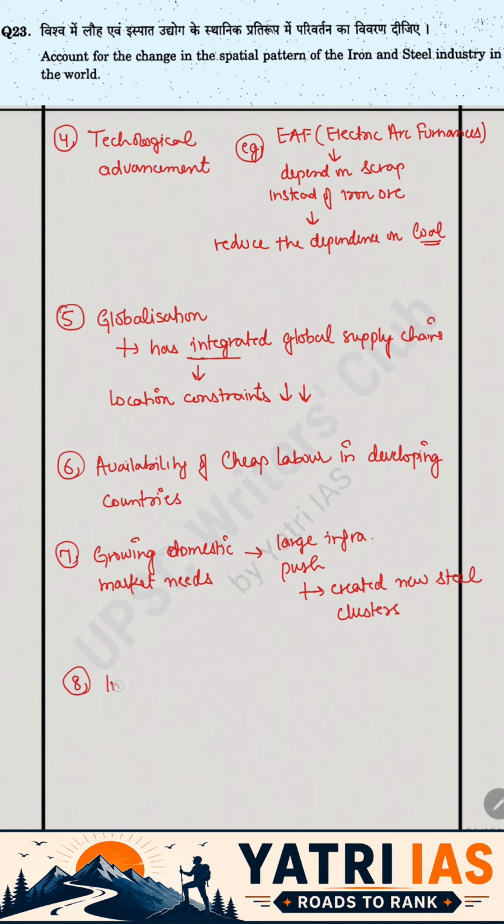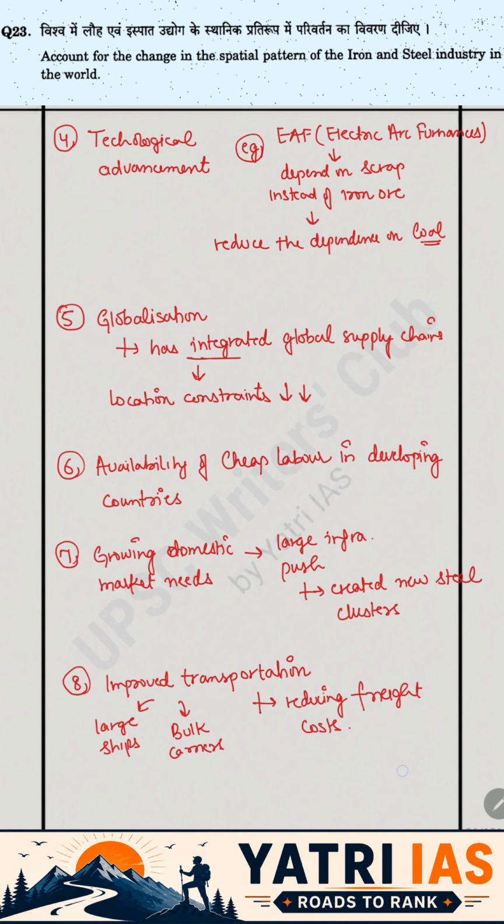Then you would mention improved transportation technologies, like very large ships, bulk carriers. They can transport anything to anywhere by reducing freight costs. Then you would mention government policies.